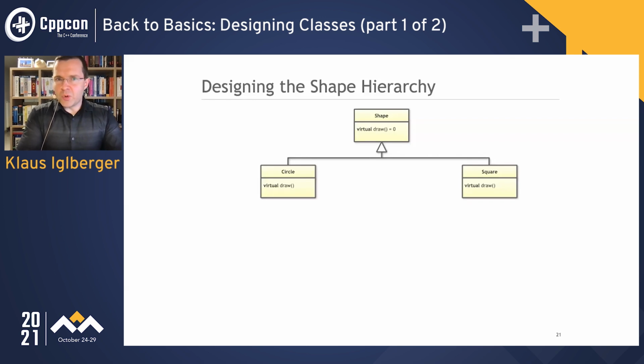Now that could already work for some time, but from a design point of view, this is already questionable. When I implement the draw function inside circle, when I put all the implementation details of drawing inside circle, and generally speaking, if you put all the implementation details of some specific function inside a particular class, you create a dependency.